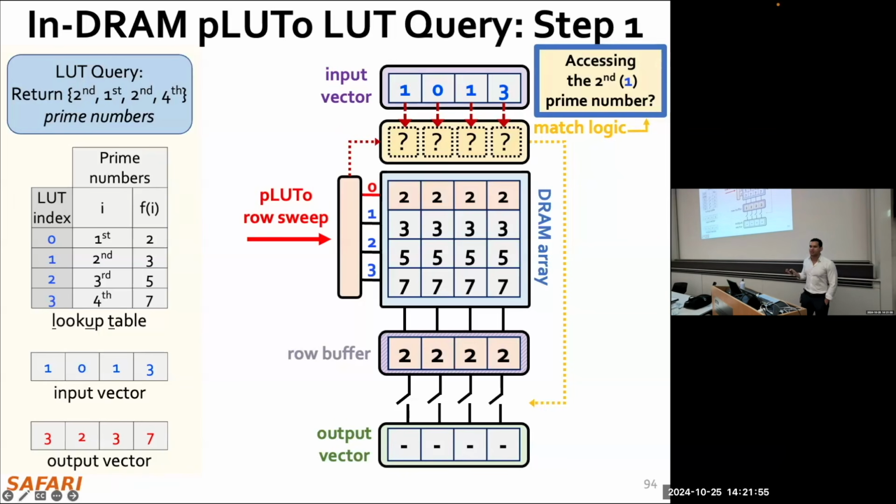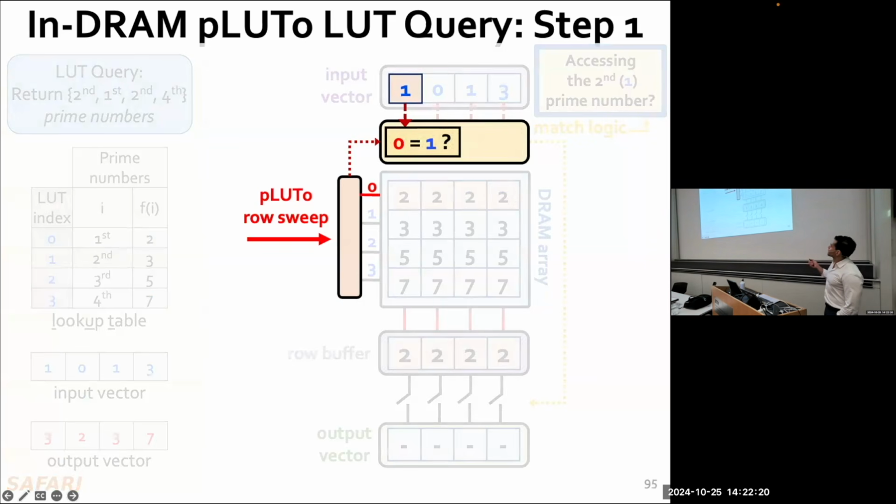All of those questions happen in parallel, of course, but I'm going to show them in serial so we can understand together. The matching logic is going to start comparing the address that I'm currently activating, so address 0, with the elements of my input vector, and asserting the matching logic in the appropriate places where we have a match.